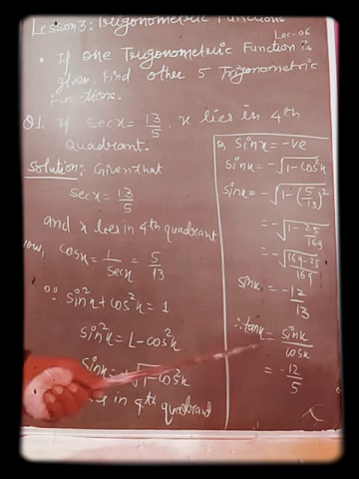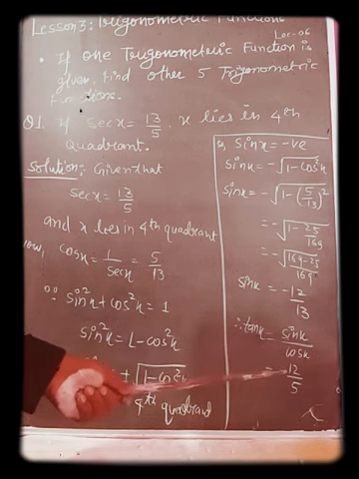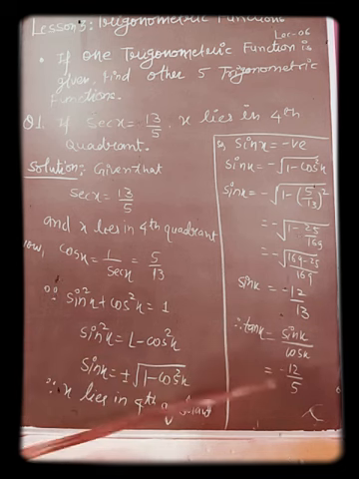Therefore, tan of x equal to sin x by cos x. So after solving, we get minus 12 by 5.